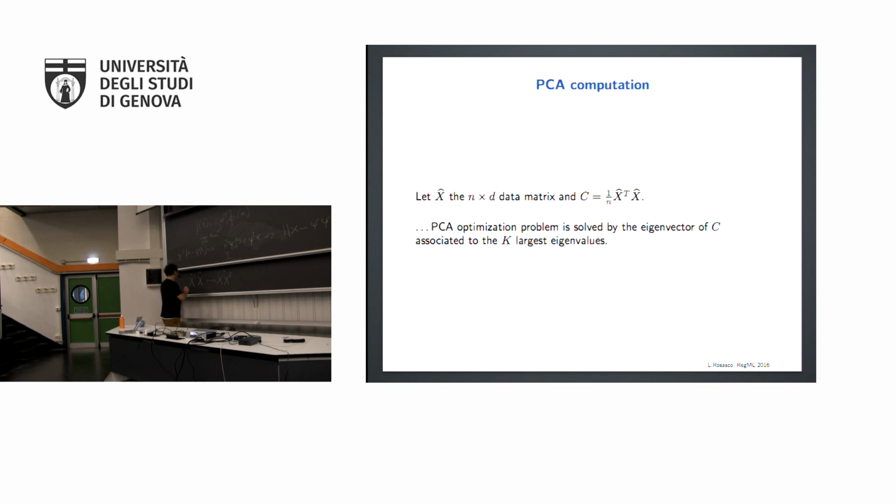Now, if V is an eigenvector of this matrix, and sigma square is an eigenvalue of this matrix, and if U is an eigenvector of this matrix, it turns out that the eigenvalues of this matrix and this one are going to be the same, at least the ones that are not 0.